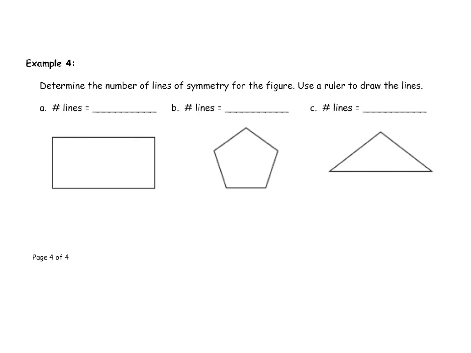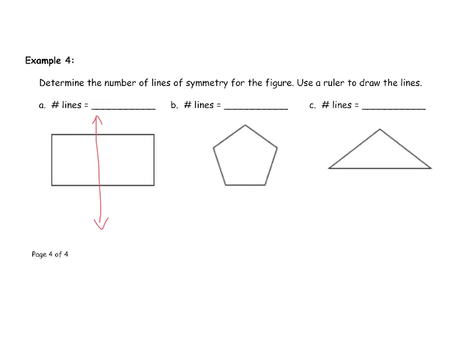The last example here is about determining the number of lines of symmetry for a figure. It's easier sometimes if you use a ruler to draw the lines. Make them look as straight as possible, please. So for example here, if I were looking at the rectangle, I know I can draw a line of symmetry here.